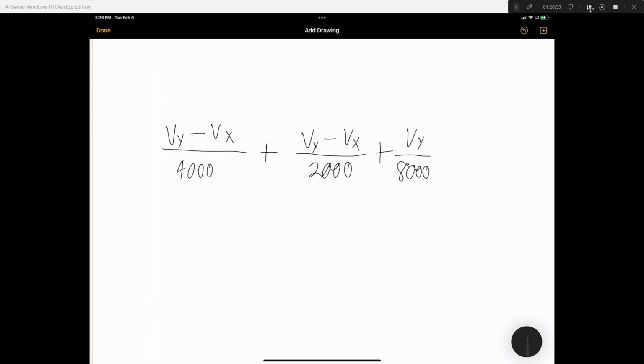Alright, so this is equal to 0. V sub y is V sub a. I just slightly switched back to the problem's variables. Plug these in.